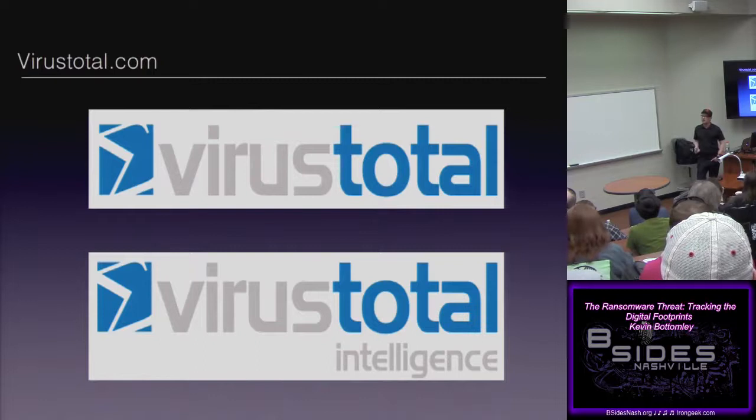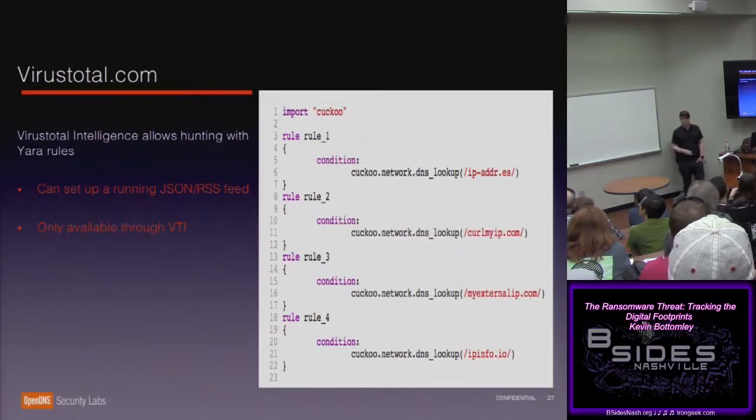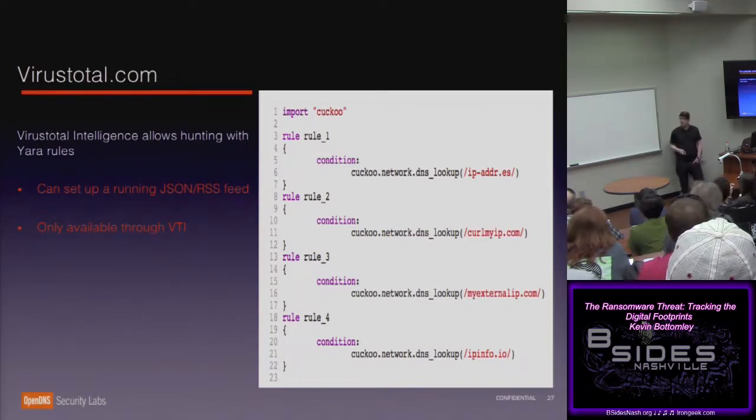The VTI allows you to do some really cool stuff like this. You can create a set of URL rules, essentially, for anything you want, and any sample that VirusTotal has, either retroactively or new, you can go back and find. So I created a set of rules that look for any sample that made a call to any of the main raw IP addresses, and you'll see ipinfo.io at the bottom there, and that was mainly what TorrentLocker was using at the time.